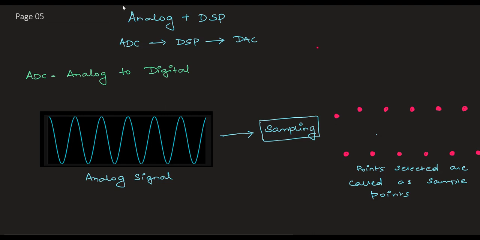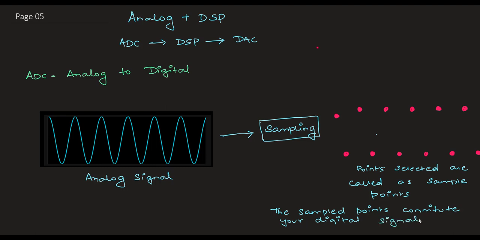And now after sampling, we keep only the points. We get rid of the analog signal, and we have only the points, and these points are your digital signal. So the sample points alone constitute your digital signal. Now these points are processed.